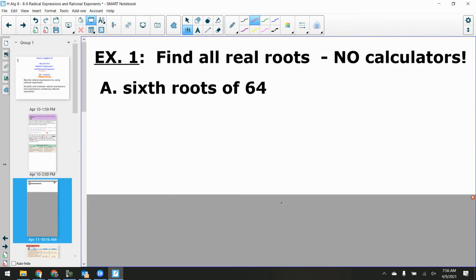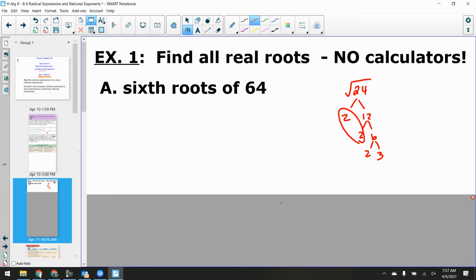Okay, so let's take a look at this. Find all real roots, no calculators. Now, how would I do this without a calculator? If I don't have my calculator, I can't just plug it in. How do I find the sixth roots of 64? Well, let me remind you, if I had the number 24 and I was reducing the square root of 24 without a calculator and putting it in simplest radical form, you would say 2 times 12, 2 times 6, and 2 times 3, and then you would buddy up.